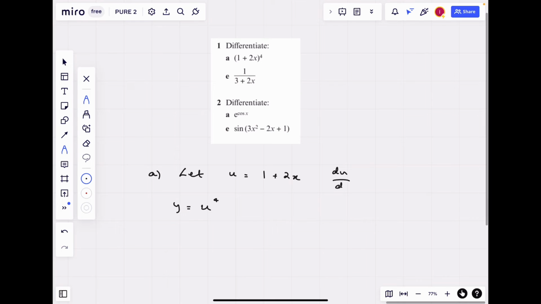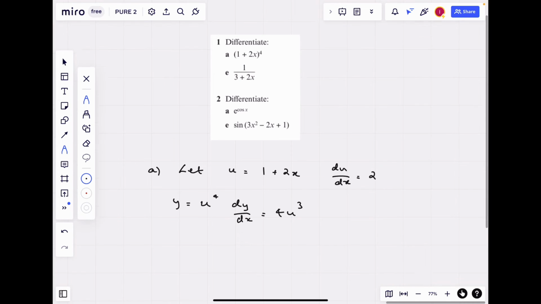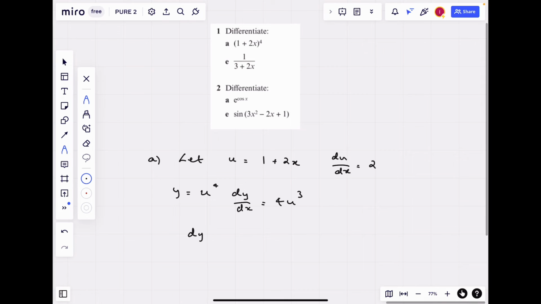Du by dx is just 2. Dy by dx is 4u cubed. And now, when you multiply 4u cubed times 2, which is 8u cubed, and when you substitute, 8 times 1 plus 2x, all cubed. There you go. That's your final answer.